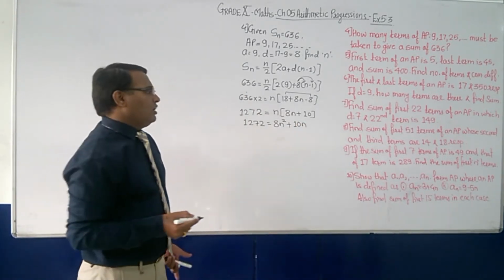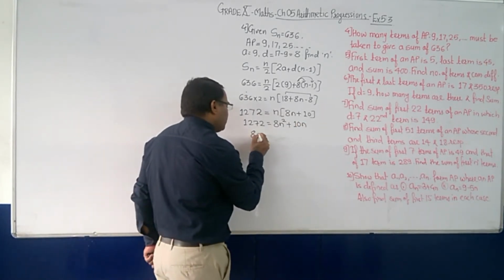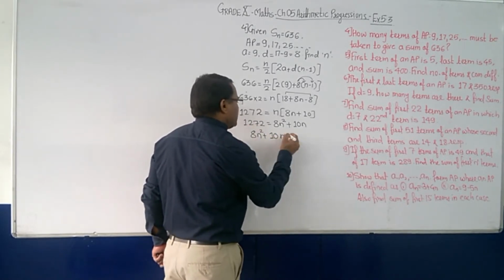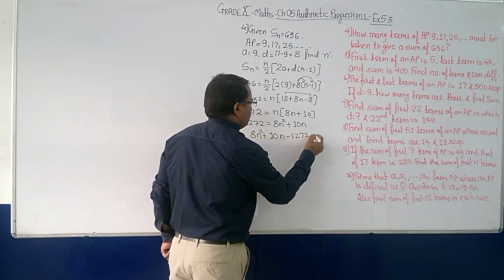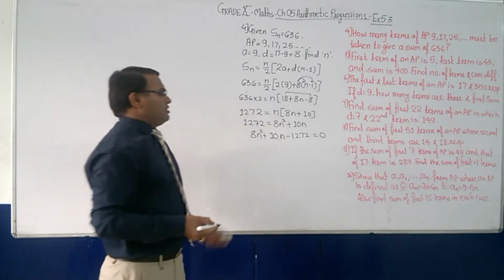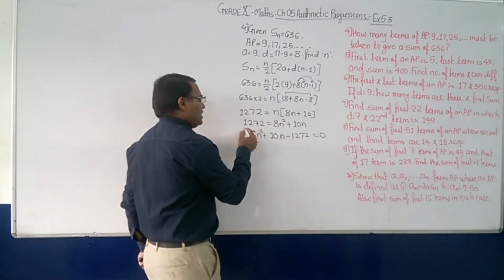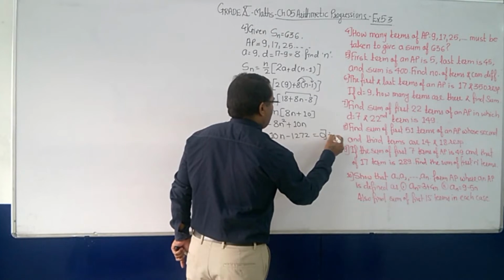Now we'll form a quadratic equation, that is 8n square plus 10n minus 1272 is equal to 0. Even number and even number, it means we can divide this whole equation by 2.